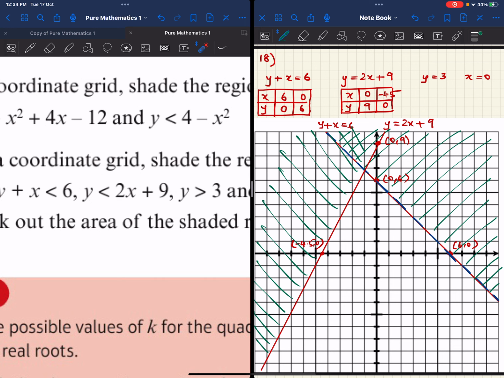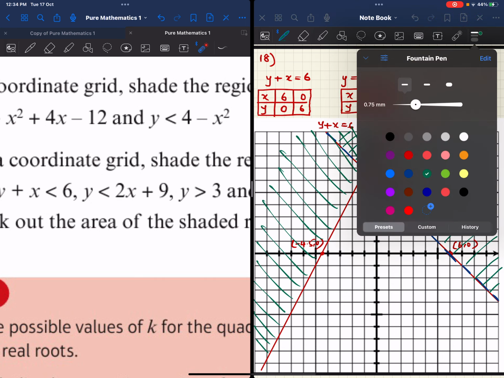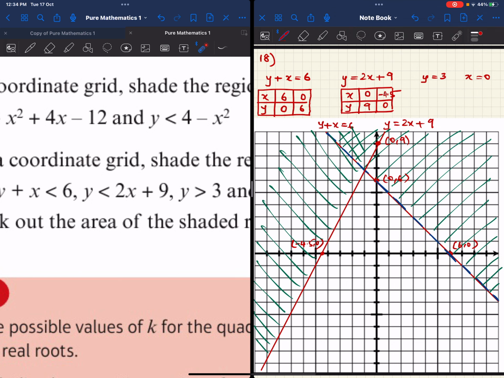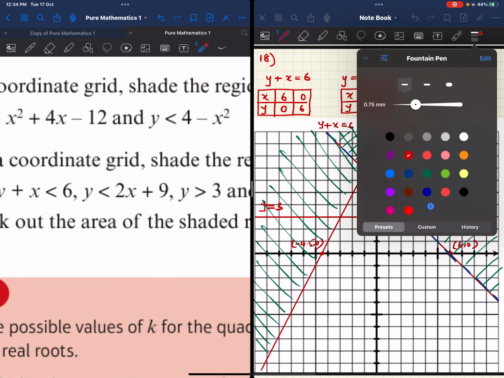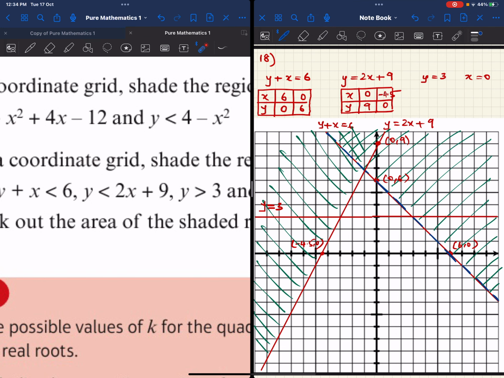Okay, now the third line is y is equal to 3. The line y is equal to 3 will always be parallel to the x-axis. So this is the line y is equal to 3. 1, 2, 3. Since the inequality is just y is greater than 3 and not greater than or equal to, the line has to be dotted.